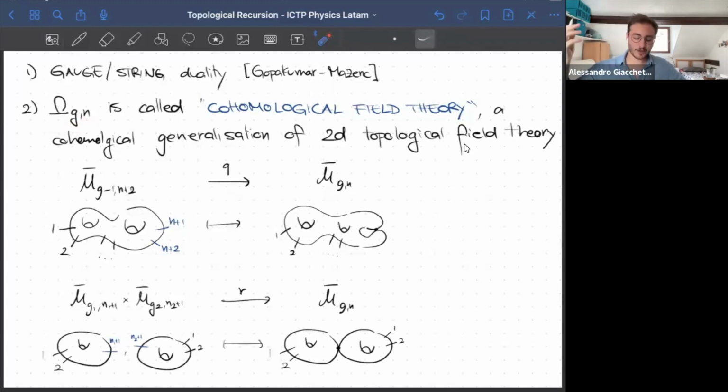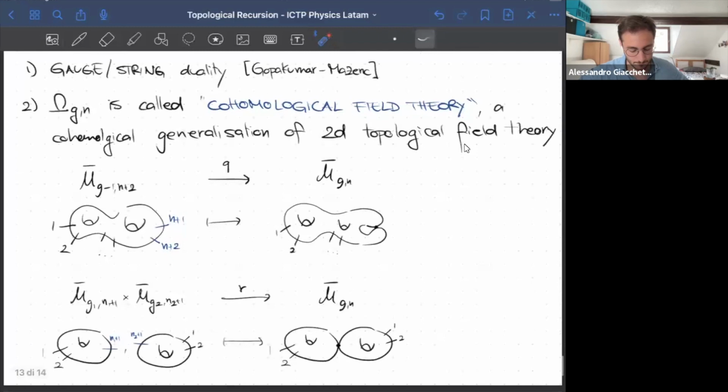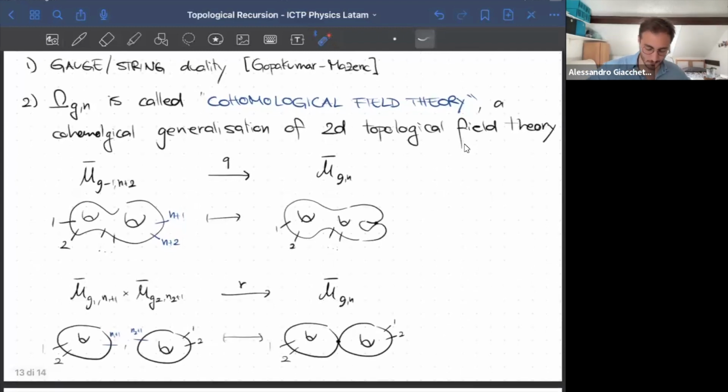So what is field theoretic about this? The name cohomological field theory, I think, is due to Witten, and the actual definition of these gadgets is due to Kontsevich and Manin. And the idea is that these cohomology classes, these omega gns, are somehow a cohomological generalization of 2D topological field theories.